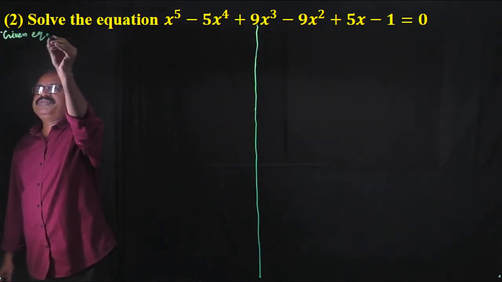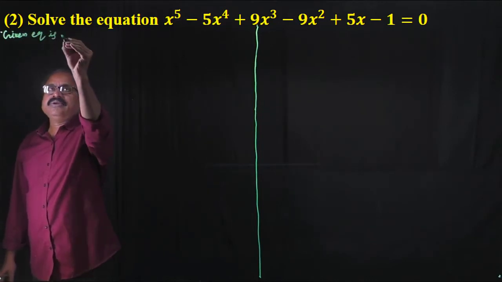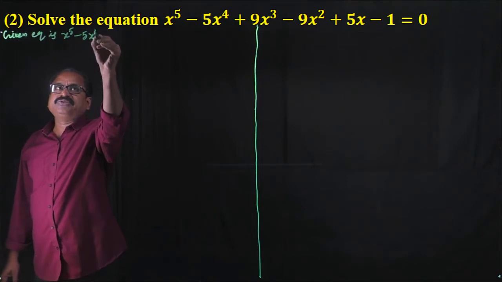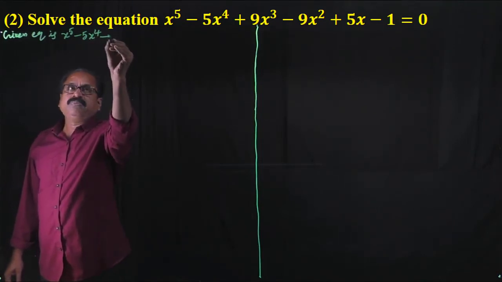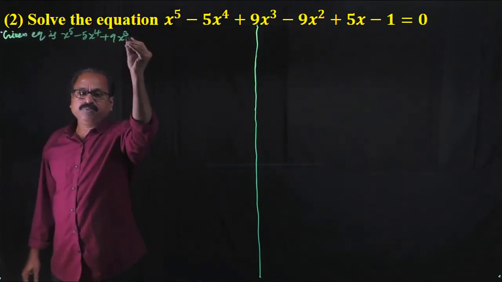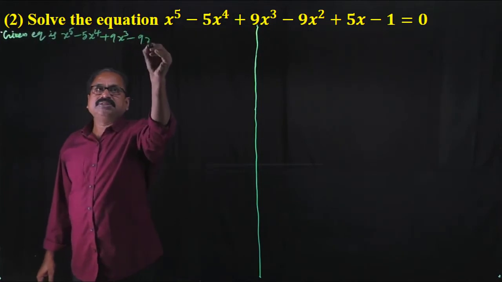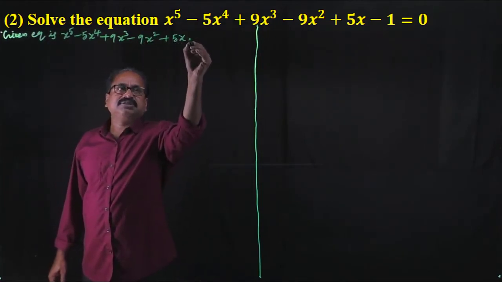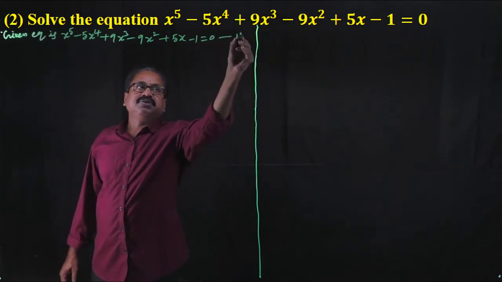Given equation is x power 5 minus 5x to the power of 4 plus 9x cube minus 9x square plus 5x minus 1 is equal to 0.